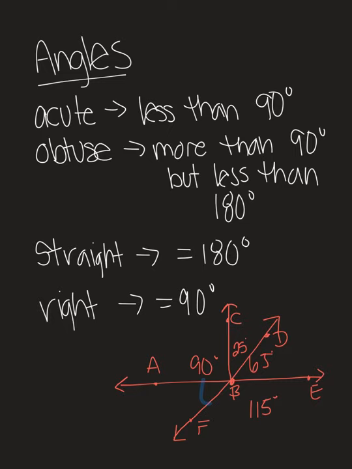So if I ask you what is 90 degrees or what is a right angle, you would have to look and determine which one of these equals 90. And it could be written as a 90. You may also see a little square. You could see either one of those there, and they both mean 90 degrees. So angle ABC is a right angle.